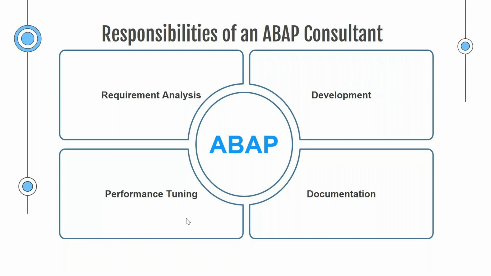Once you complete your development, you will see if it's optimal enough to handle more load, like basically performance tuning. Then once it's tuned, if you feel like yeah, it's good, full-fledged, my development is completed, you will create a technical document of whatever you have created or developed.